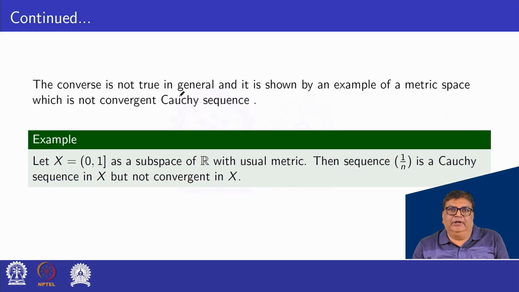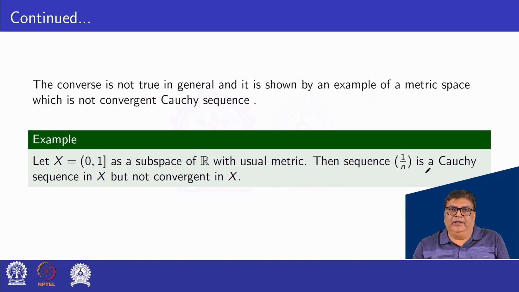The converse is not true in general, and it is shown by an example of a metric space with a Cauchy sequence which is not convergent. For example, let X be the semi-closed interval (0, 1] as a subspace of R with the usual metric.